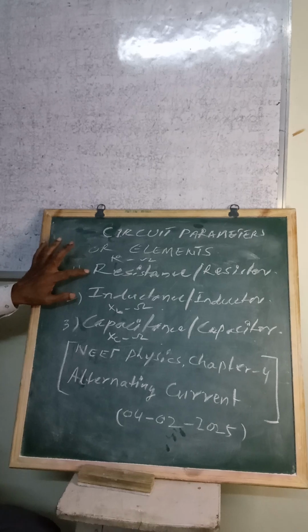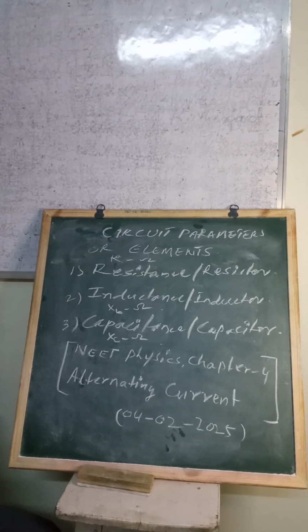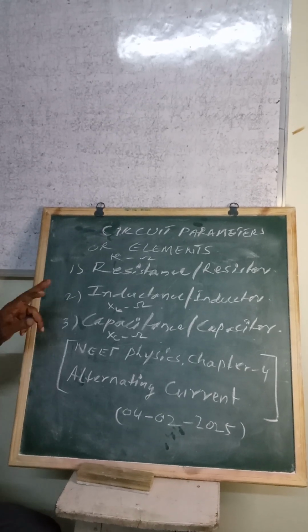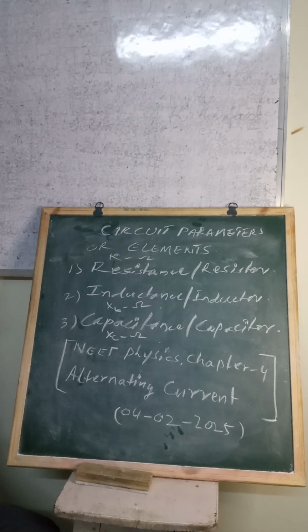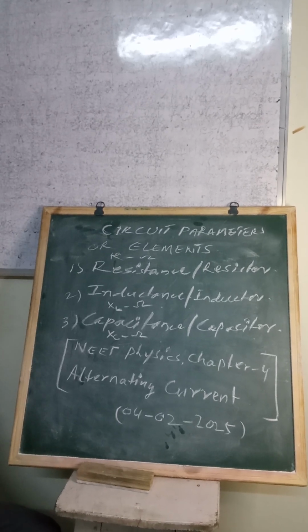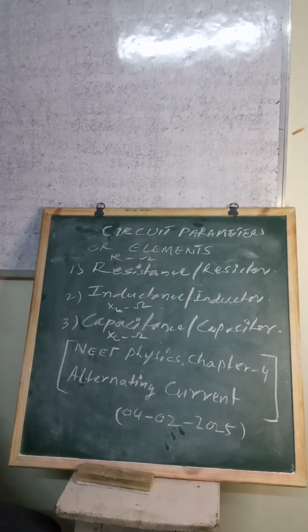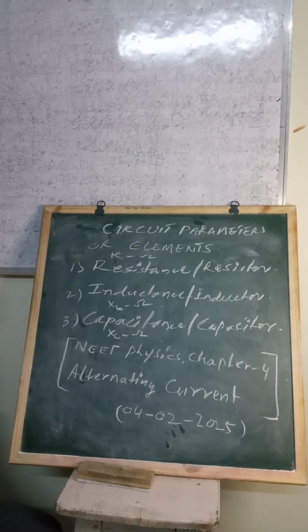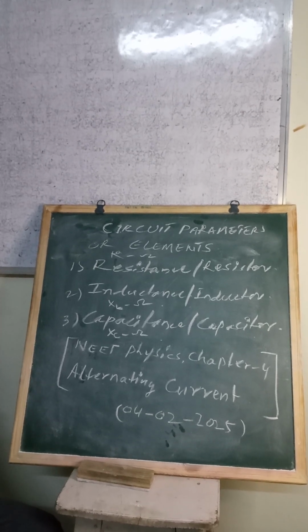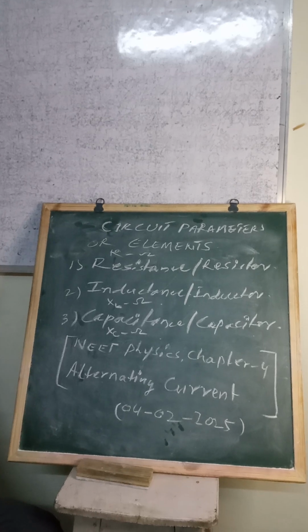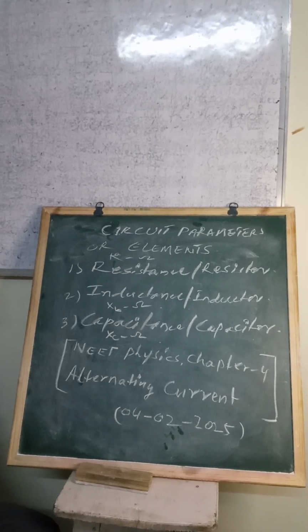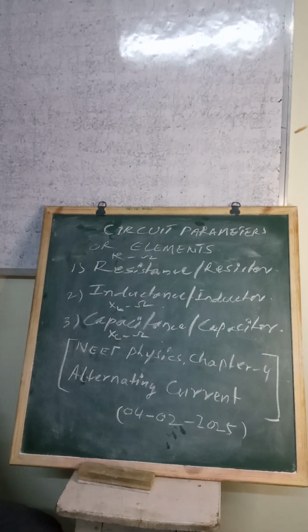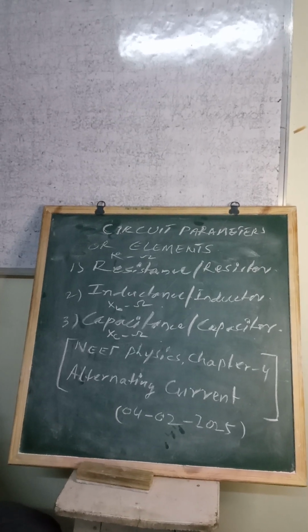But here, the resistor has the in-phase property, whereas the inductance or inductor has the out-of-phase lagging property, and the capacitance or capacitor has the out-of-phase leading property. These properties will be discussed in detail one by one when they are subjected to alternating current or alternating voltage.